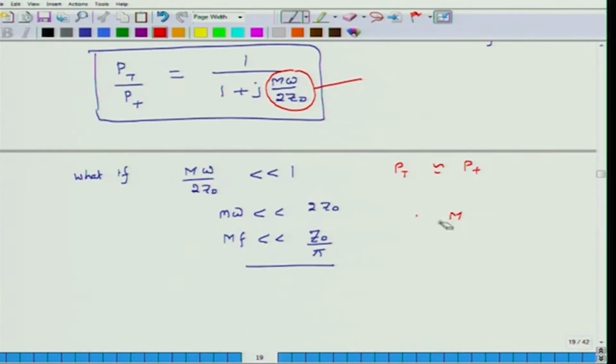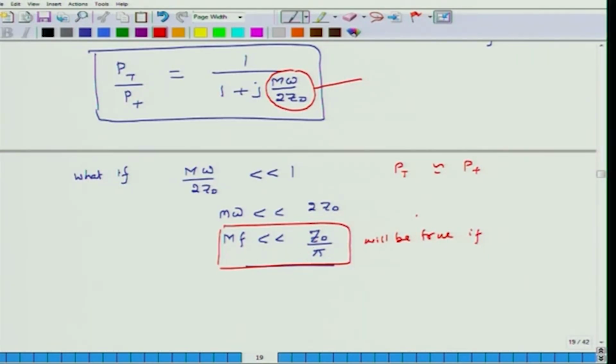What does that mean? That this will be true if either M is very small or f is very small, or both of them are very small, and when I am talking small in this sense, I mean relative to Z naught over pi.